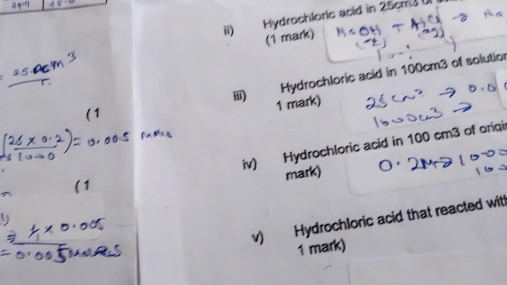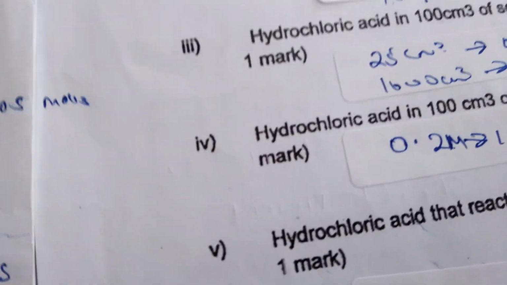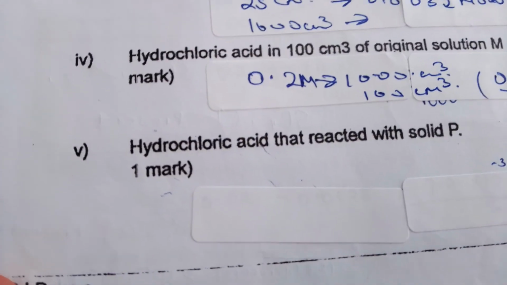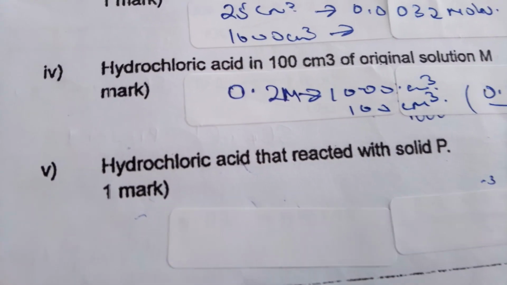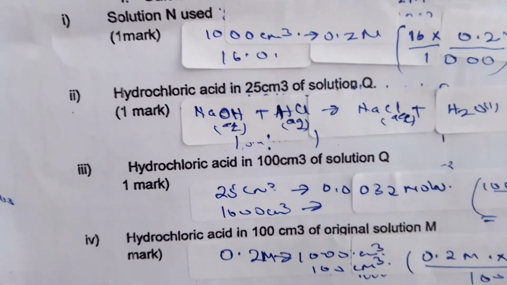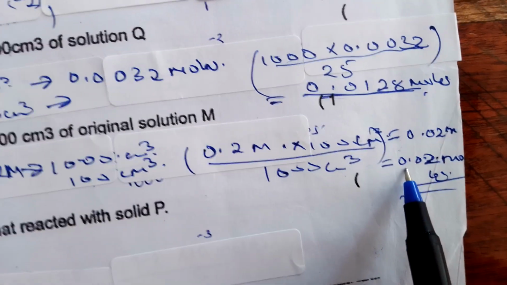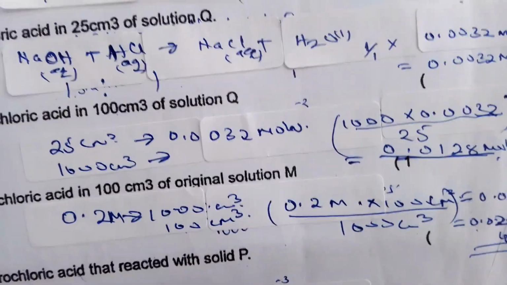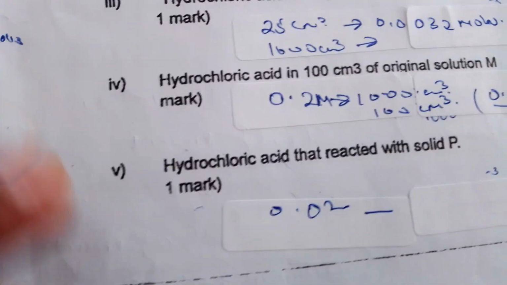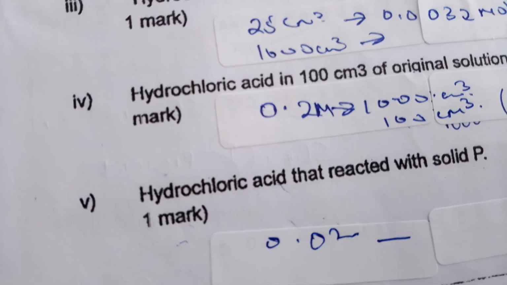Last but not least, we are told also to calculate the number of moles of hydrochloric acid that reacted with solid P. That is 1 mark. So you just take the first moles, this 0.02, minus 0.0128.